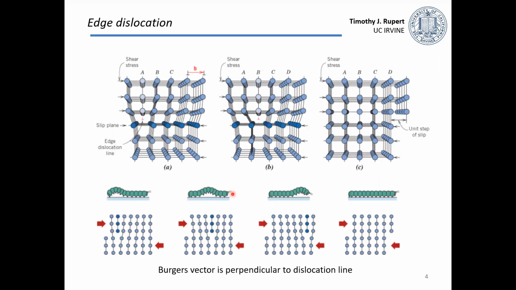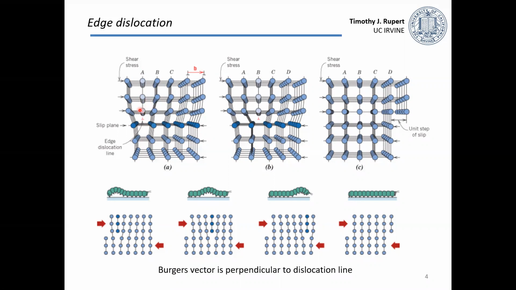So let's go back and remind ourselves what an edge dislocation is. This is the simplest type of line defect that we talked about a few lectures ago. We mentioned how we could take our perfect lattice and cut it and add an extra half plane. That's shown right here and also denoted by that inverted T sign right there, okay?